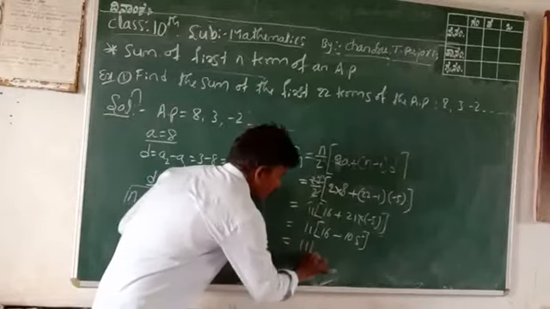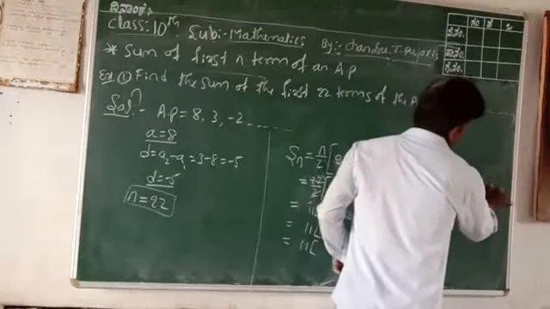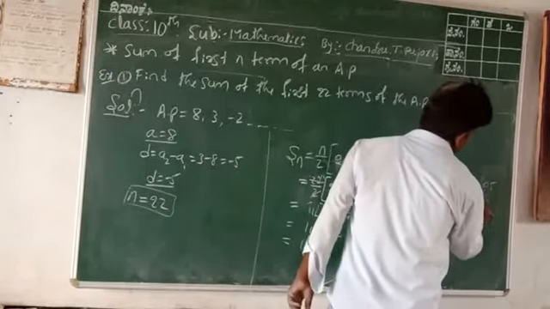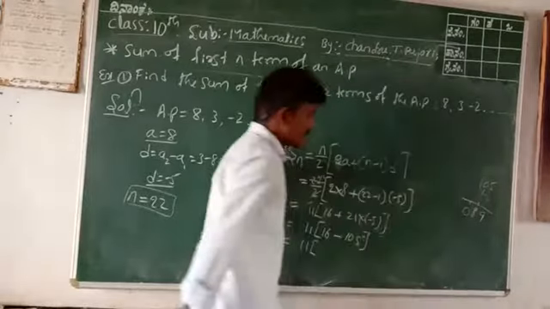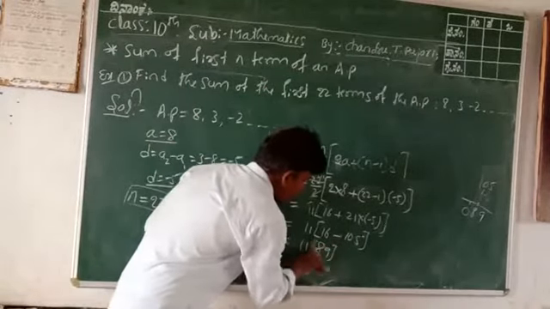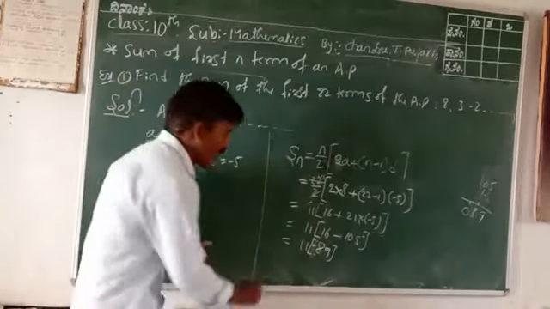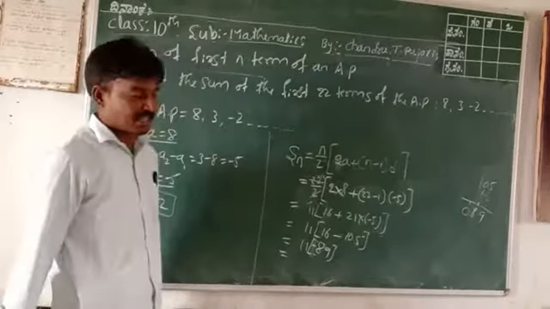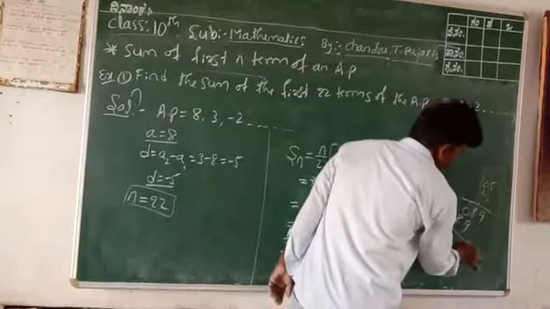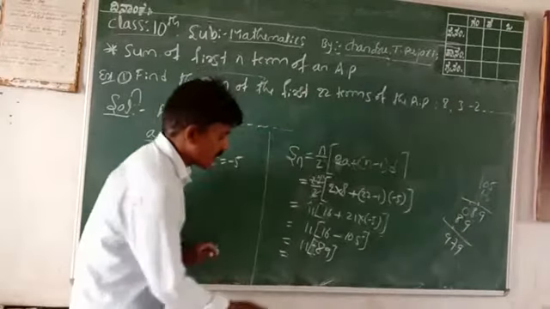Therefore 11 into bracket of 16 minus 105, equals minus 89. Again multiplication of 11 into minus 89, that is minus 979.